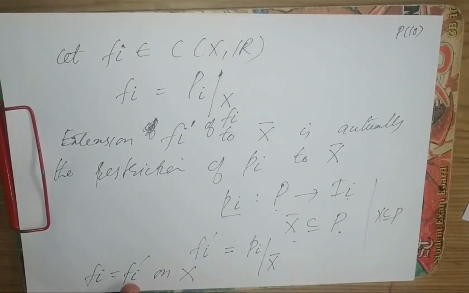And this fi dash is again a bounded continuous real function. Fi is also a bounded continuous real function.